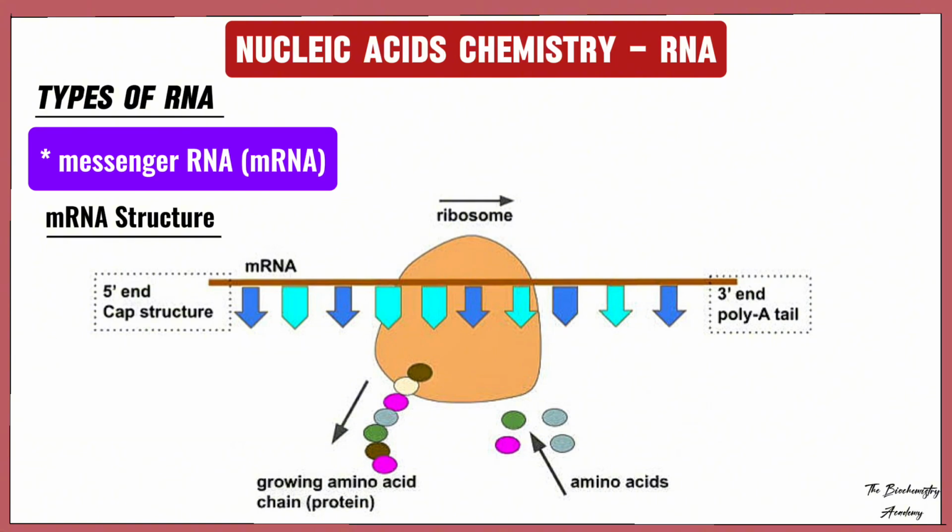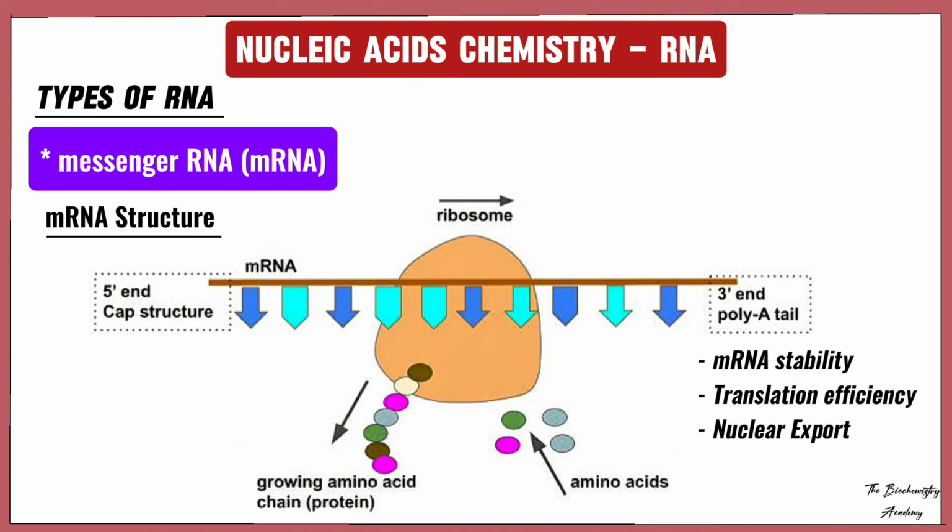Then at the 3' end, it contains a poly A tail, which is a sequence of adenine nucleotides that are added post-transcriptionally. Now, these tails play a crucial role in mRNA stability, in translation efficiency, and in nuclear export.